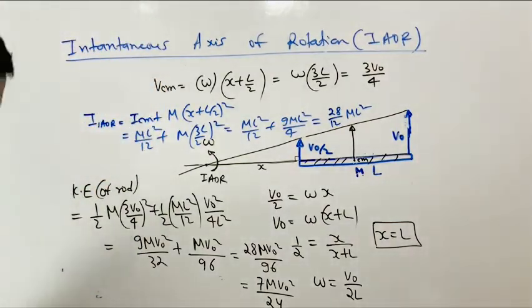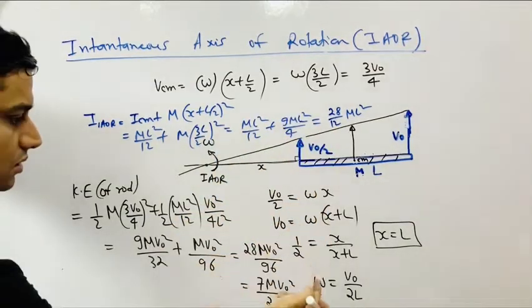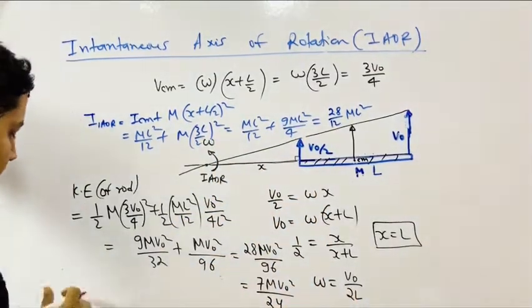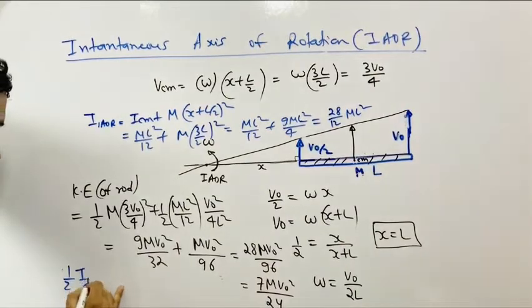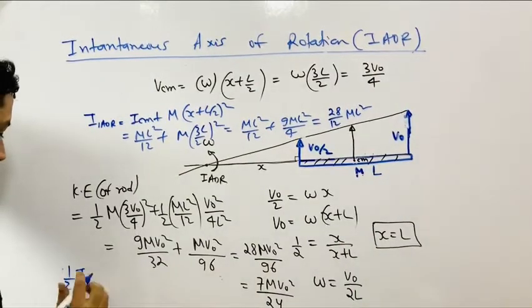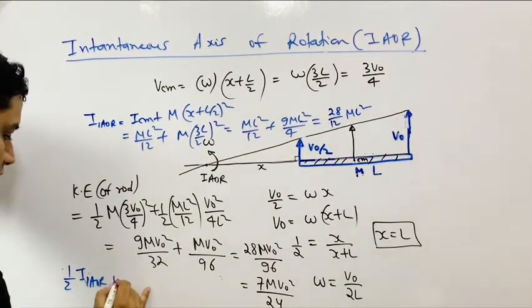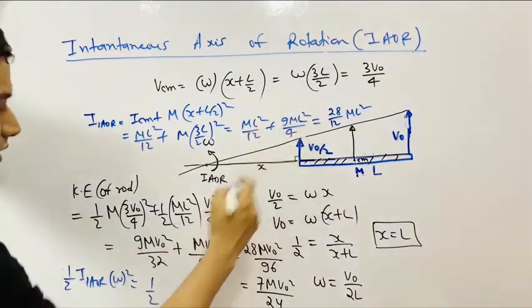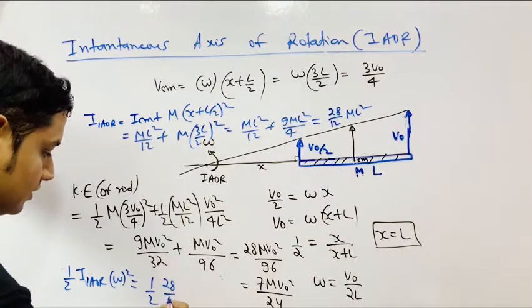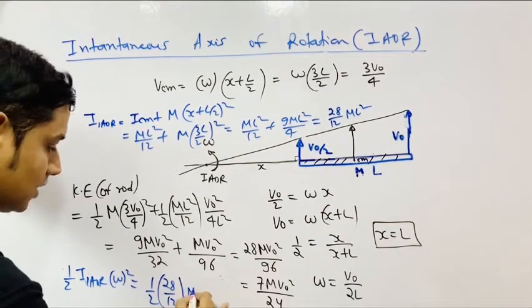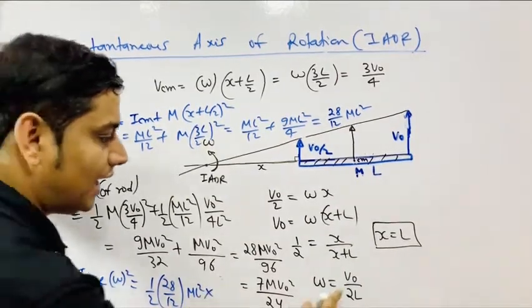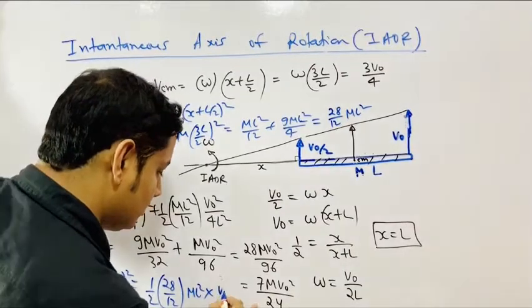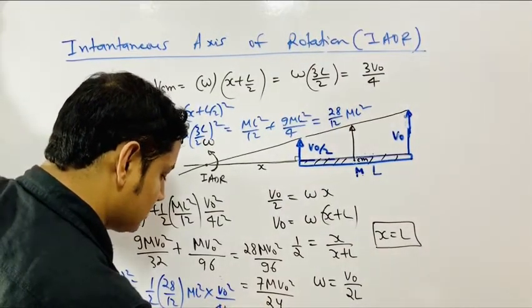Yes. So now, half I about the instantaneous axis of rotation into omega square in the one-step process. That would become half, I have got 28 by 12 ml square, and omega is V naught by 2L, so V naught square by 4L square.